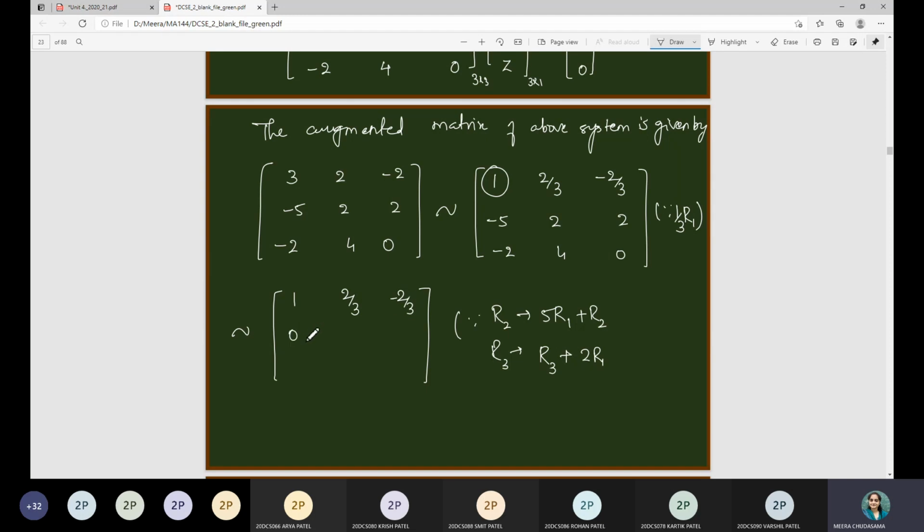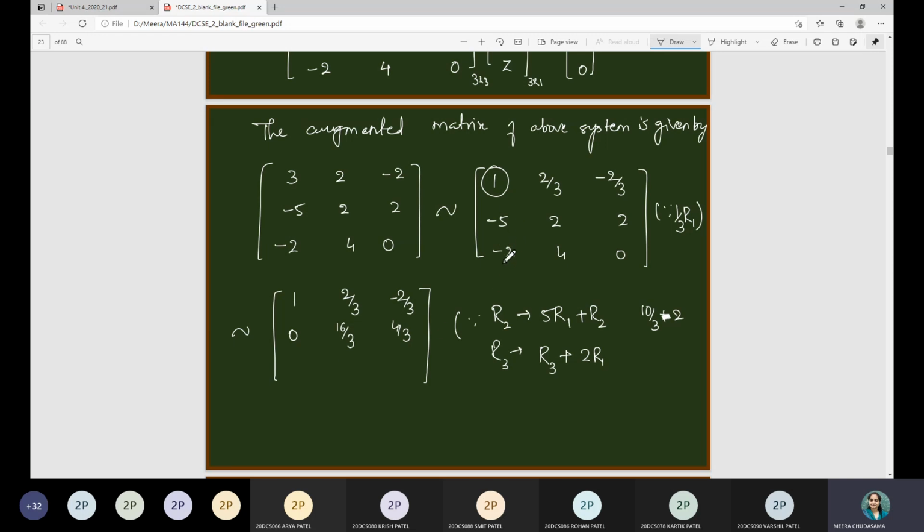So first row will be as it is. Second row, this element will be 0. Then when I multiply it with 5, this is 10 by 3. And when I add it to this row R2, then it will be 2, means simplification you can see it is 16 by 3. Here same thing, 10 by 3 minus 2. So it is 10 minus 6. So it will become 4 by 3.